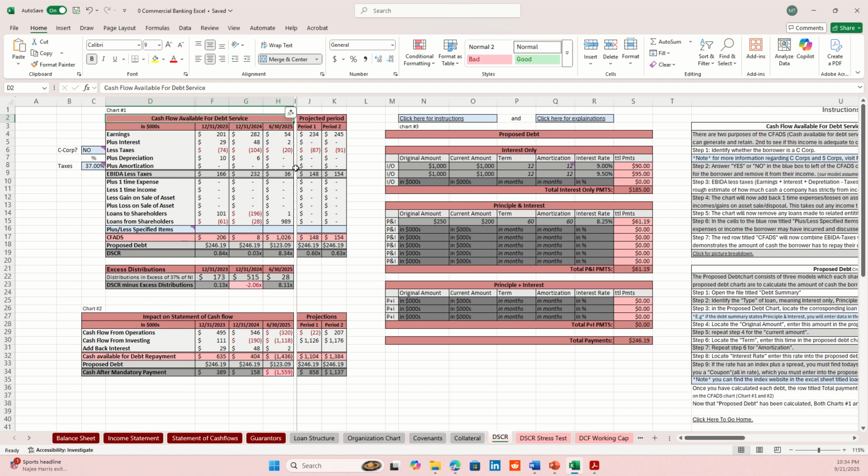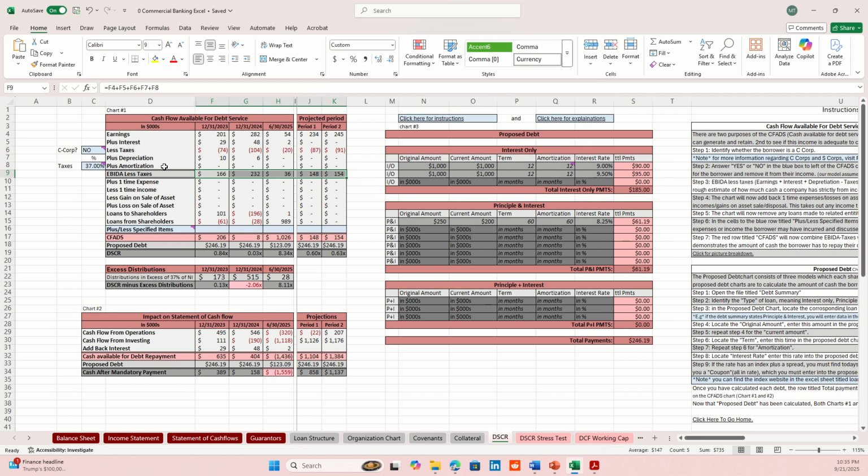It's the recognition that an asset has lost value. Okay? And because of that, it does not have an effect on cash. It's a non-cash expense. So we're going to add that back in. That gets us EBITDA, earnings before interest, depreciation, and amortization, minus taxes. That number right there is going to appear right here.